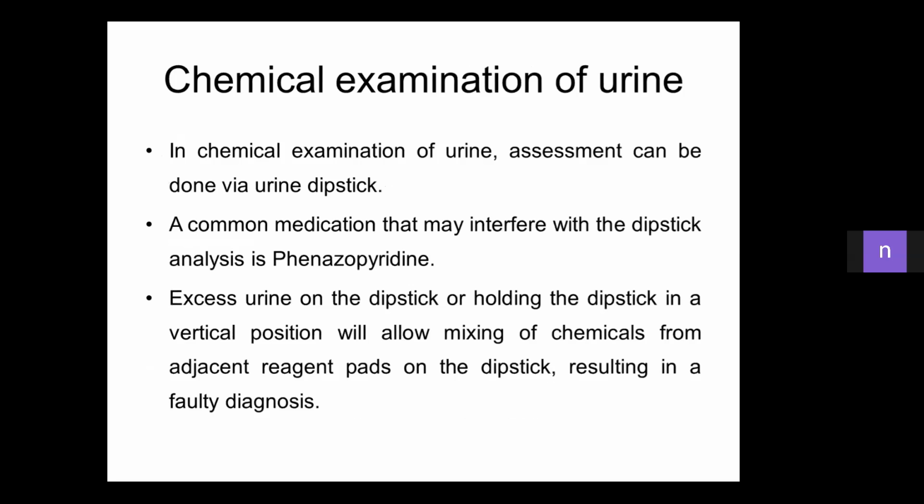So in chemical examination of urine, assessment can be done via urine dipstick. A common medication that may interfere with the dipstick analysis is phenazopyridine. And excess urine on the dipstick, or holding the dipstick in a vertical position, will allow mixing of chemicals from adjacent reagent pads on the dipstick, resulting in a faulty diagnosis.